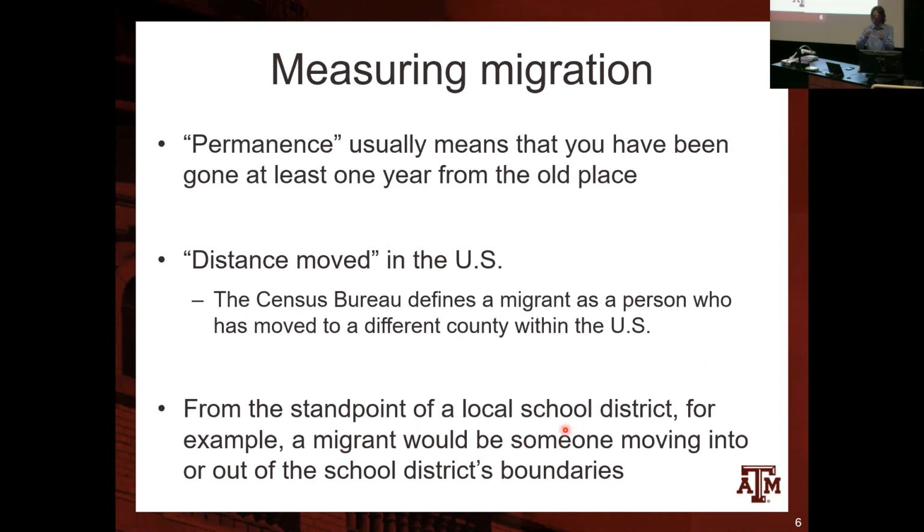And we know that in the same county, we can have different school districts. So in this case, a migrant will be someone moving into or out of school districts, even though these school districts could be within a county. So it depends on your research question.